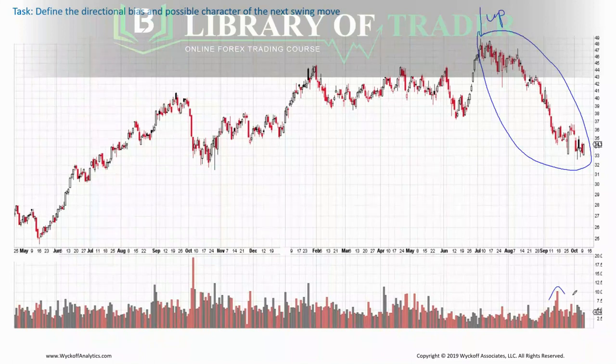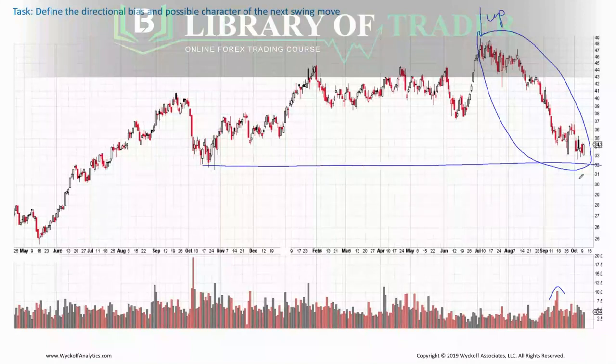But yeah, it's a large reaction, but it hasn't overcome the previous support. So it hasn't broken that support. And at this point, I would be thinking, is this part of a larger structure, phase C, as a second point of fear?